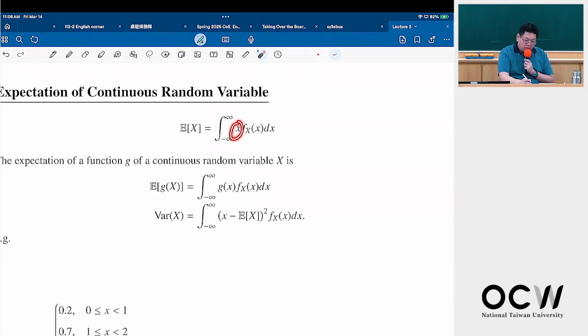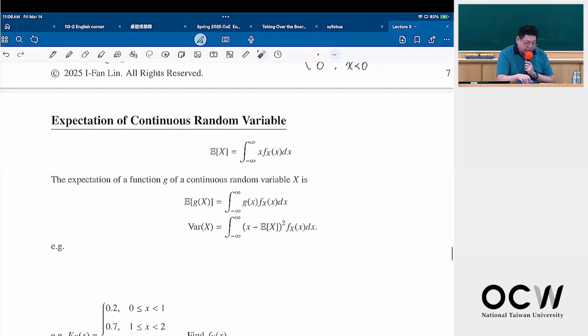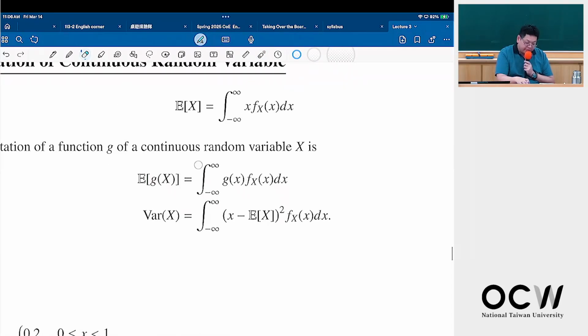All possible outcomes x, the corresponding weightings, the PDF. So x times f of x dx. And then for the expectation of a function of a continuous random variable, still consider all possible functional outcomes times their corresponding weightings, which is the PDF of x.